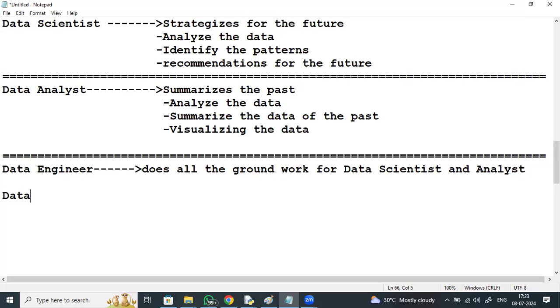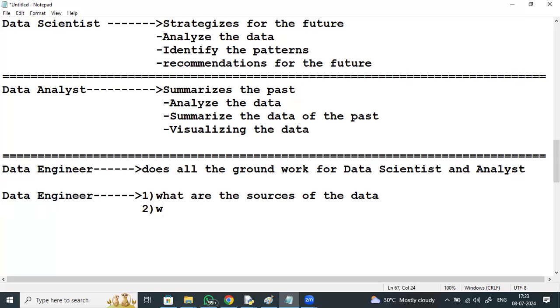Talking about the data engineer, you need to find what the sources of the data are, and secondly, what the format of the data is and how to transform the data.